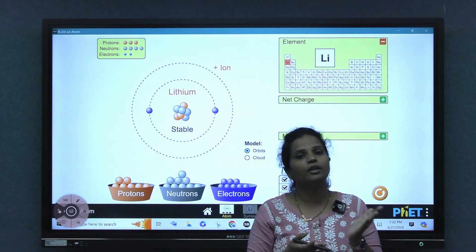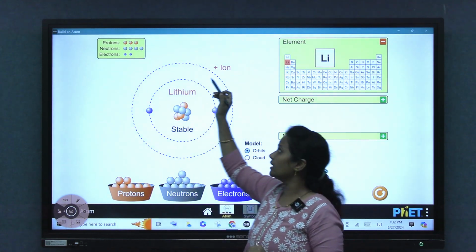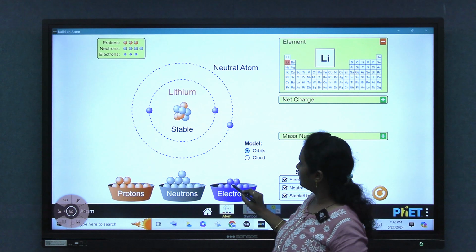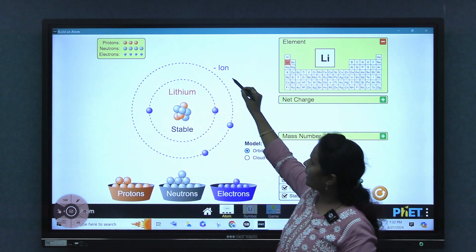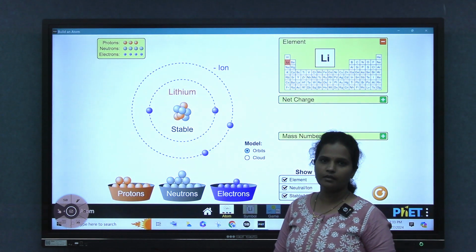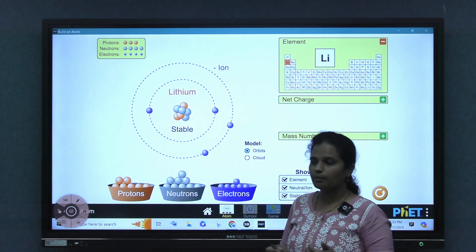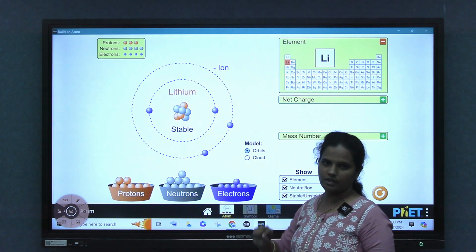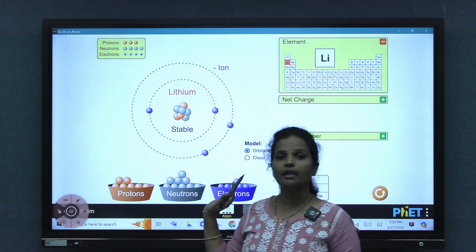When an element gains an electron, the charge changes to negative. If I add one electron, it became stable. What is the charge of lithium now? Li minus, gaining one electron. By gaining, it gets a negative charge, and by losing, it gets a positive charge. So this is about an atom.